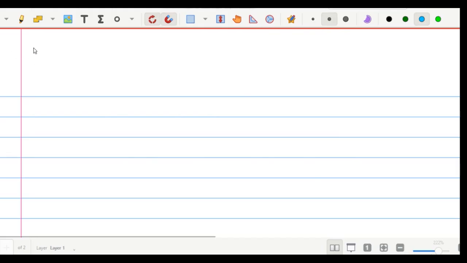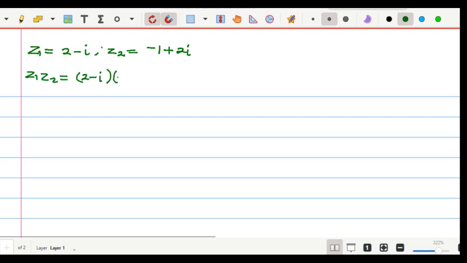So for multiplication now, let's say you have z1 to be equal to 2 minus i, and you have z2 to be equal to minus 1 plus 2i. So z1 z2 is going to be equal to multiplying these two.